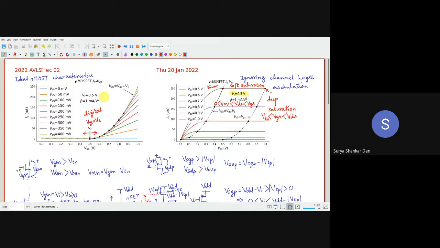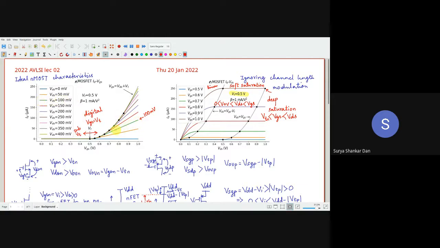Where is the saturation region here? We have dealt with it in the previous lecture, right? Anything with VGS below VT is sub-threshold. Don't say cutoff. Then when VDS is equal to, let's say, this green color, what is that green color? 100 millivolt. This green color is VDS equal to 100 millivolt.